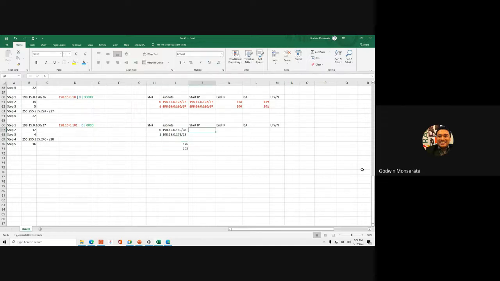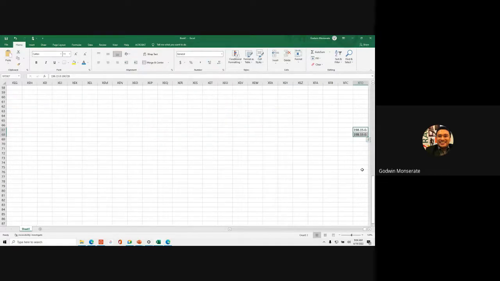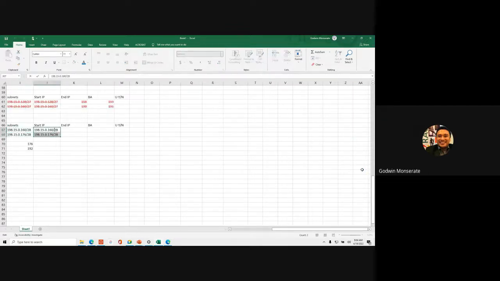Our start IP here would be 161, then 177. And if 176 is the next network, this is 175 and this is 174. If the next is 192, this is 191 and this is 190. Okay? So it's clear.